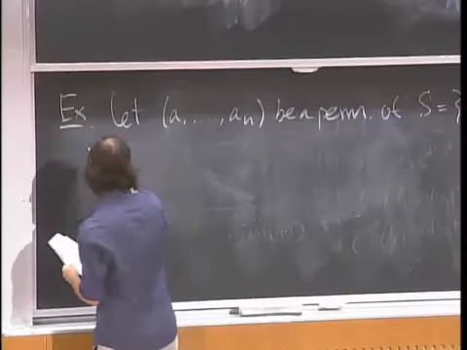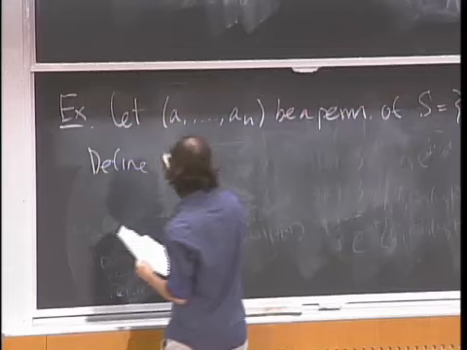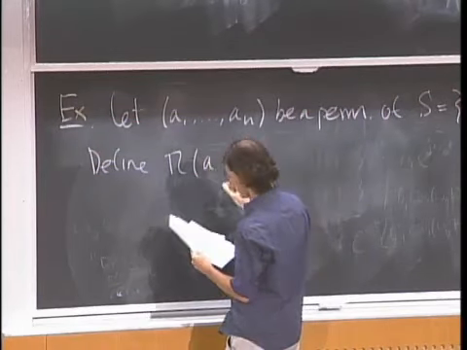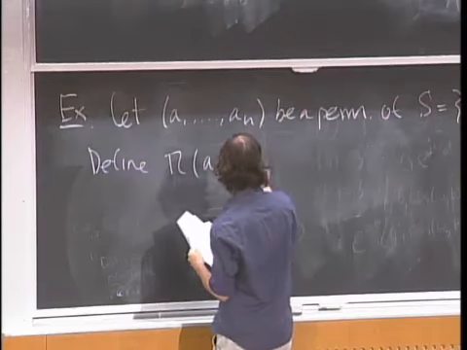And now we may define the following function. We say that pi evaluated in A_i gives us output i.